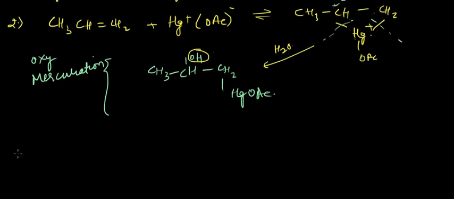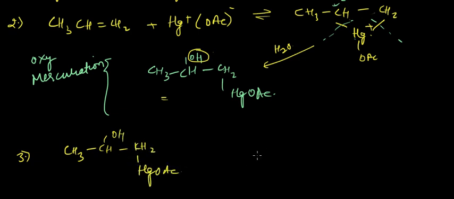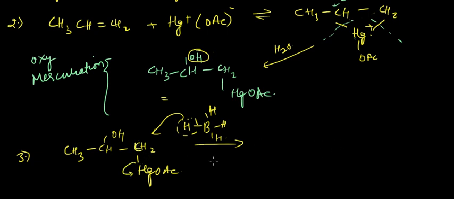Now in the third step, we have this compound which is OH, CH2 and HgOAc, and in the second step we are passing NaBH4. What will happen is this H- will attack on this C, and as a result this Hg will break the bond with the carbon atom, and we'll get something like this as the final product.